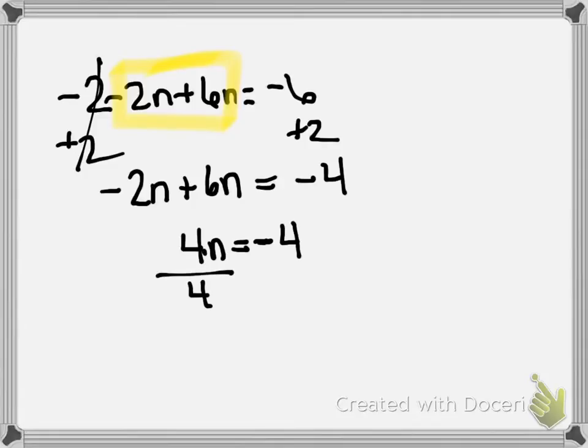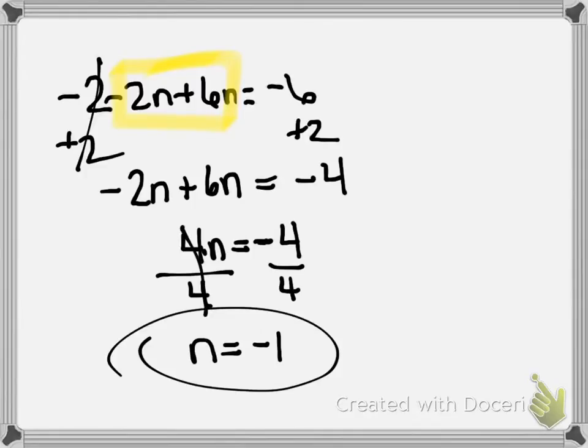So we will divide both sides by 4, and n will be negative 1. So the first thing you do in these multi-step equations is to get rid of your constants. Once you have your variable all combined, then you can do your multiplication or division.